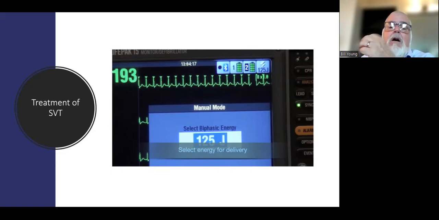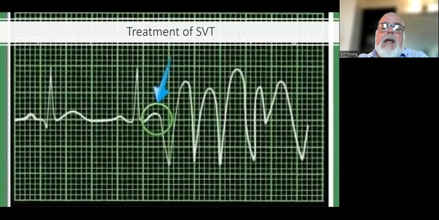Now, again, just to reiterate what Ahmad said, if we don't, then we're going to have an R on T, and now this can put our patient into ventricular fibrillation. For synchronized cardioversion, has anybody looked at the information?